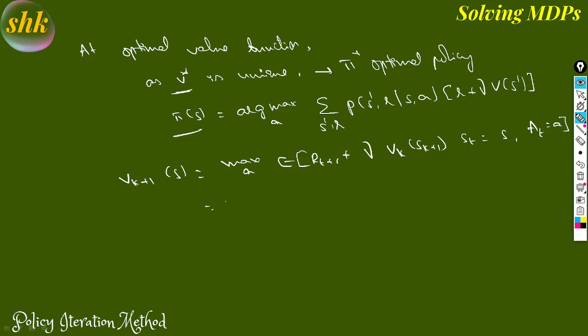This gives the maximum value over all the actions. The expectation we write as the summation over s dash comma r of p of s dash comma r given state and action, multiplied by r plus gamma times vk of s dash. So from a particular state, the action which provides the maximum will be considered to generate the next step.